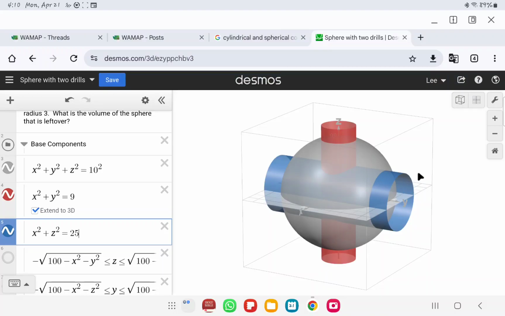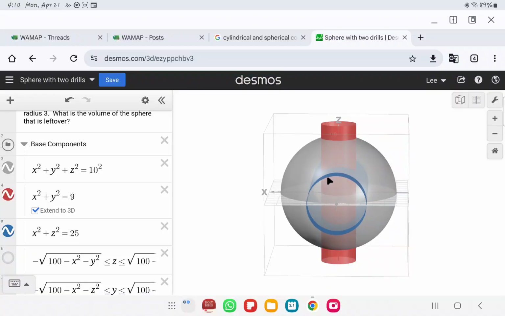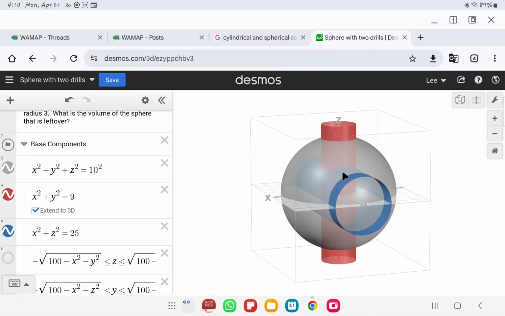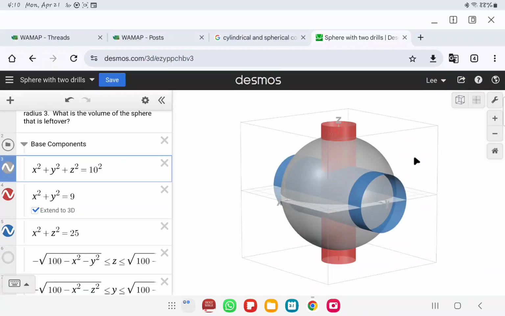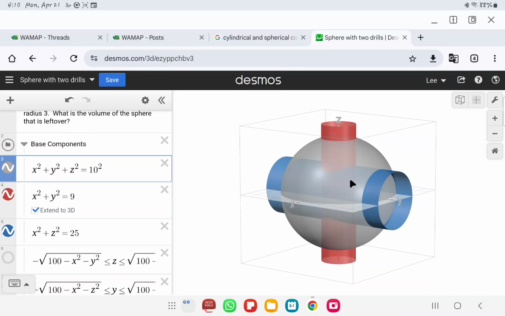It's still centered with the center of the sphere and everything else, but that intersection you would find differently, probably with a double integral rather than the way that we did it before with the squares, because these are no longer going to be squares. So that would change, but you could still do the same approach of volume of the sphere, find the volume of each. This time each cylinder would have to be computed separately, and then add back in that intersection that's right there. So kind of the same approach as a whole, but several different computations going through.